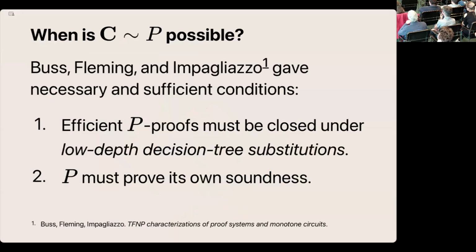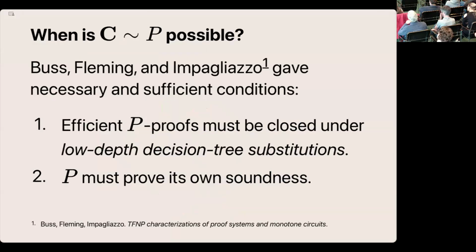So when are these characterizations actually possible? Well, Buss, Fleming, and Impagliazzo, just a year or two ago, came up with necessary and sufficient conditions. In particular, the proofs that you're looking at must be closed under low depth decision tree substitutions.